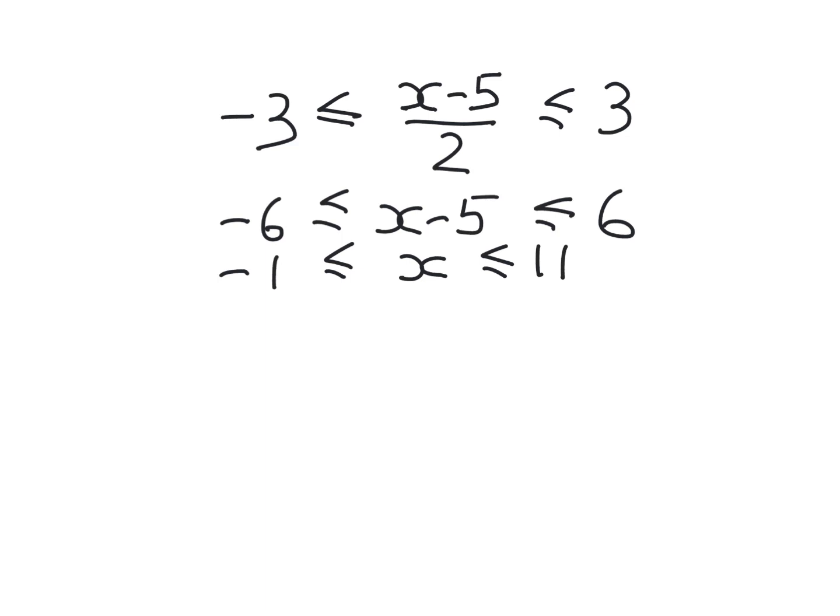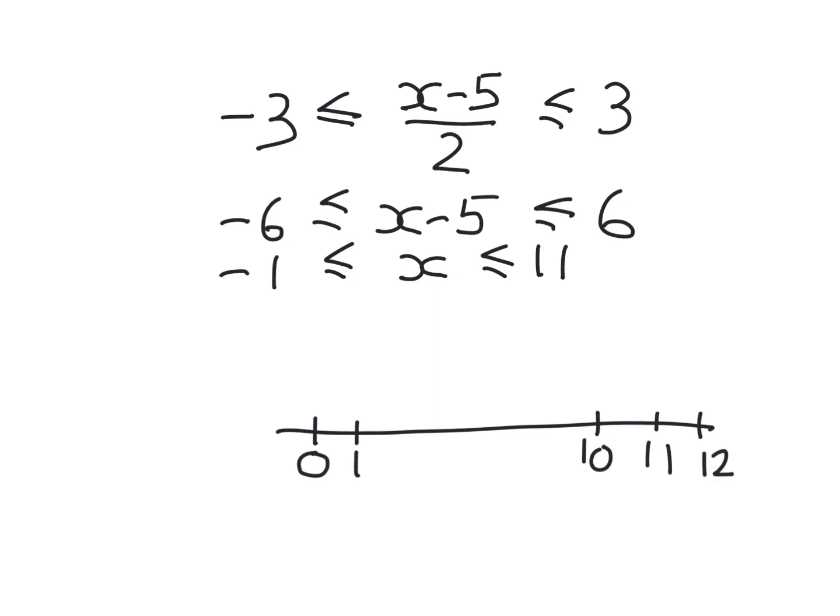So that means that any number between and including -1 and 11, if substituted for x, would give me a true statement here. So how would you graph this on the number line? Well, let's just set up a number line. We'll just put 0 here, 1 here. So what we have here are all of these values in between -1 and 11.